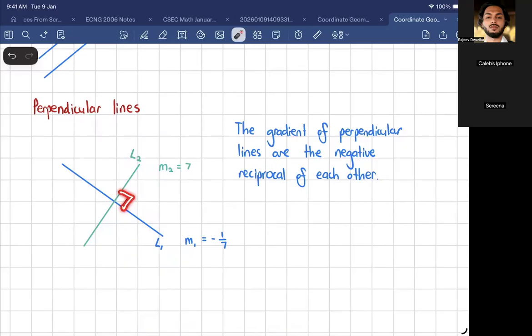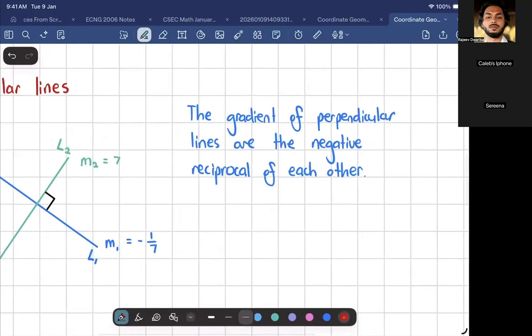Great. So if two lines are perpendicular to each other, meaning they are at a right angle to each other, then the gradients are going to be the negative reciprocal of each other. You know what the word reciprocal means? It's when you flip it. Yep, that's when you flip it.